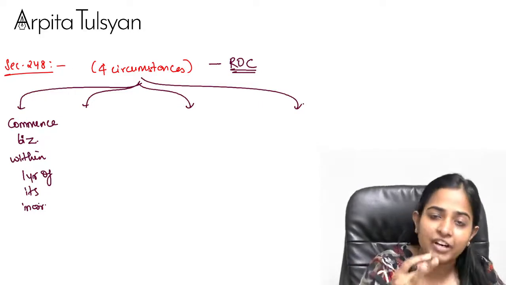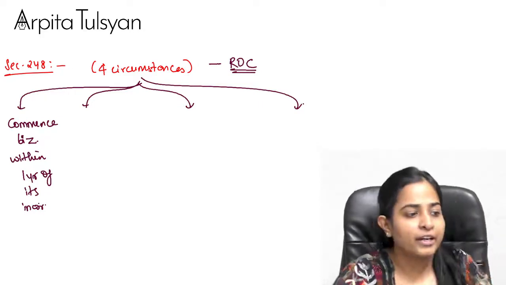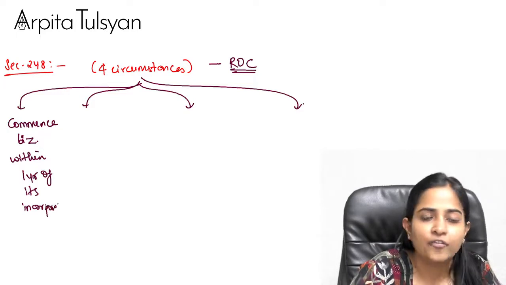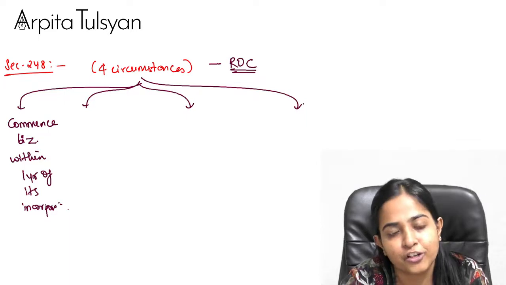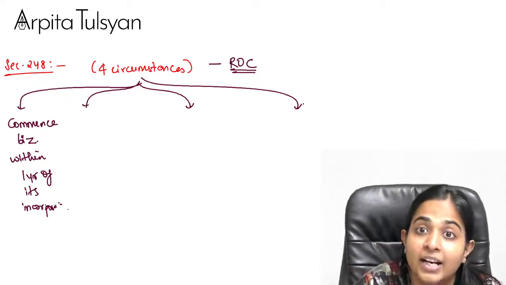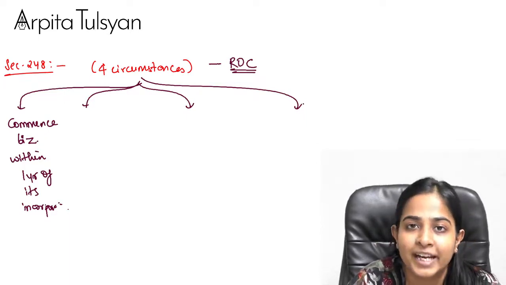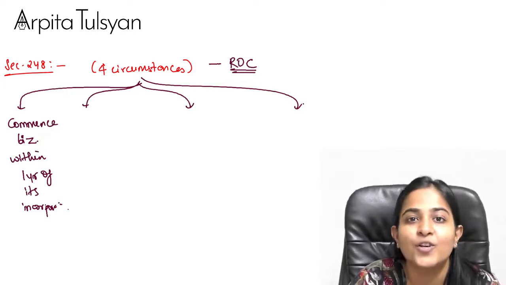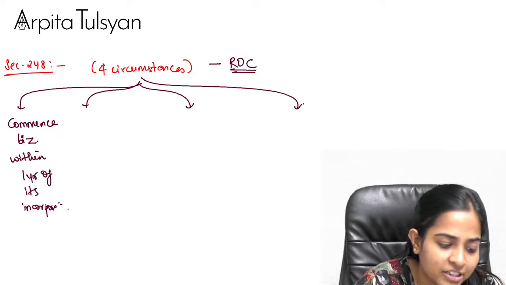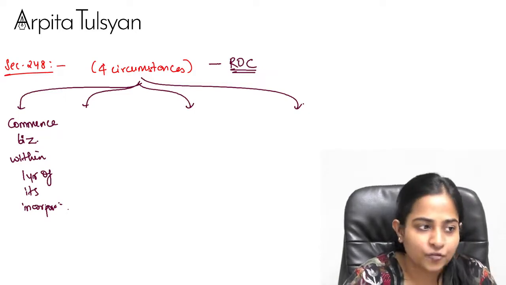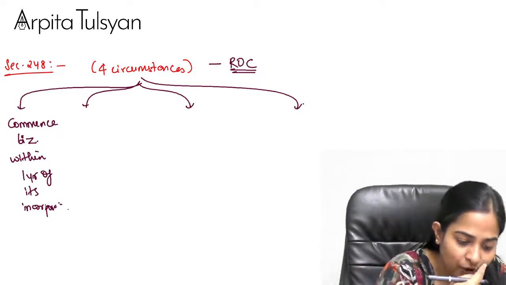It never did any business for a period of 1 year from the date of incorporation. In that case, ROC will first give you a reasonable opportunity of being heard. It will ask whether you want to put the name in the dormant company list or whether you want to strike off the name. Accordingly, ROC will strike off the name from the register of the companies. Okay, this is one thing.